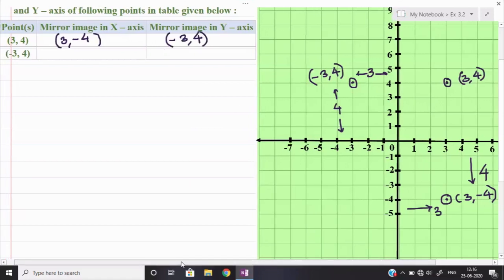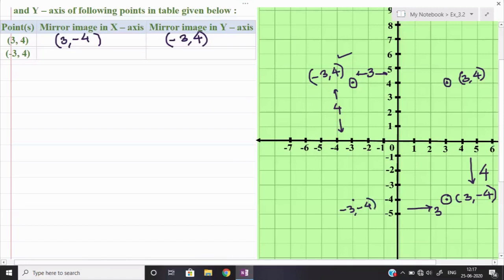Similarly, look at the second point given to us, minus 3 comma 4. See, minus 3 comma 4 already lies here. If I go horizontally, I will cross the y-axis, and if I go vertically, I will cross the x-axis. So let us go vertically. The condition is the same because the point is given as minus 3 comma 4. The horizontal distance will be 3, which we have already taken, and then I will take the value 4. So I mark this point as minus 3 comma minus 4.